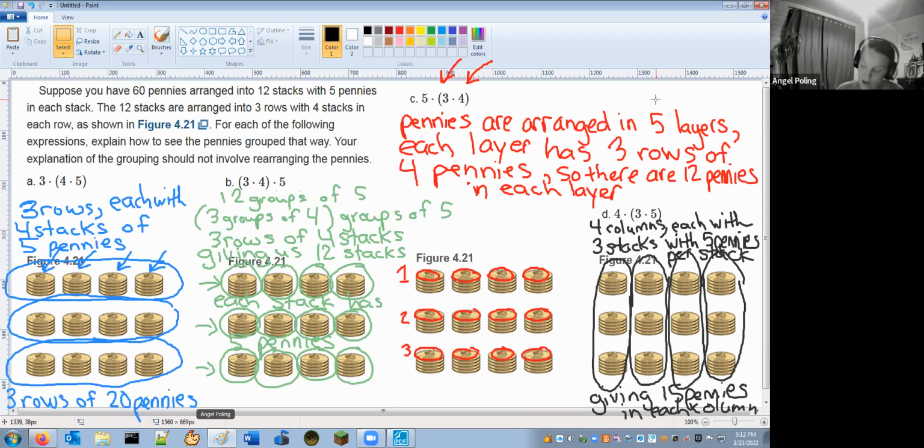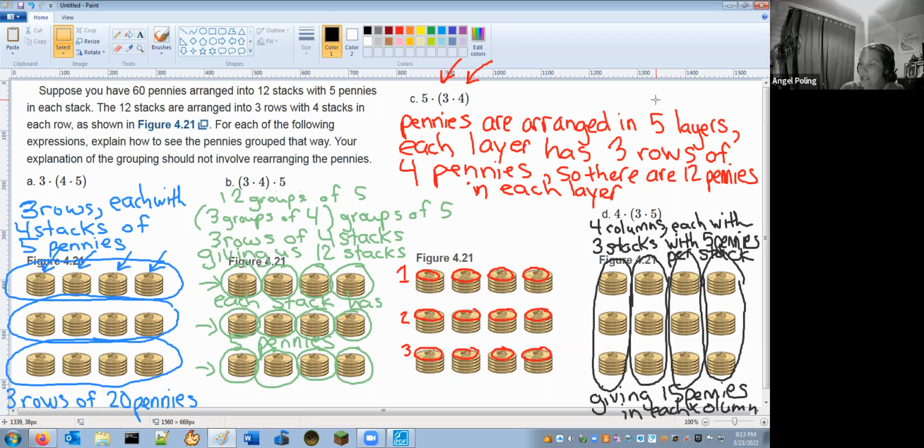Okay, so what we did was we take the same stack of pennies. We didn't rearrange the pennies, we left them. We just counted them differently, right? So one time we counted them horizontally, one time we counted them vertically, one time we just sliced off the top and counted the top, and then pushed all the top off, counted the second, pushed all the second off, counted the third layer, right?